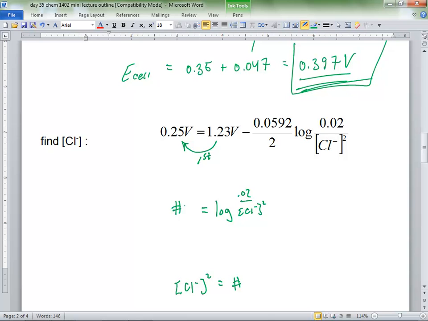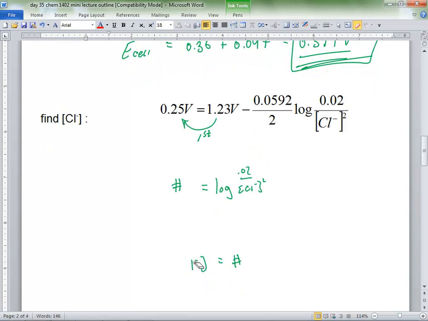That's what you'd do next. Do that cross-multiplying stuff. Then what would you do? Raise it to the 10 power. Right? Because you got to get rid of the log. Everyone with me so far? Raise it to the 10 power. Okay? You have the 10 power.